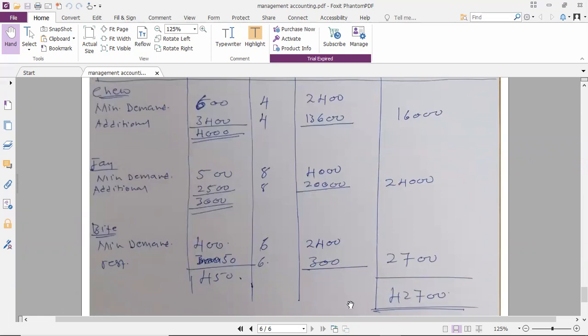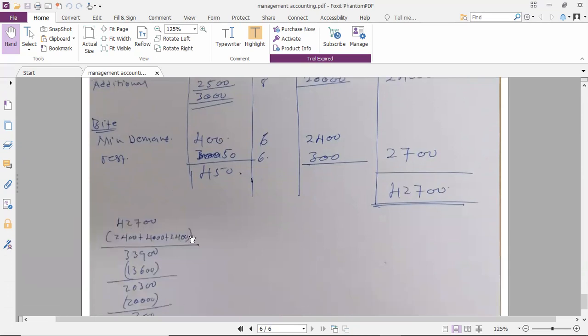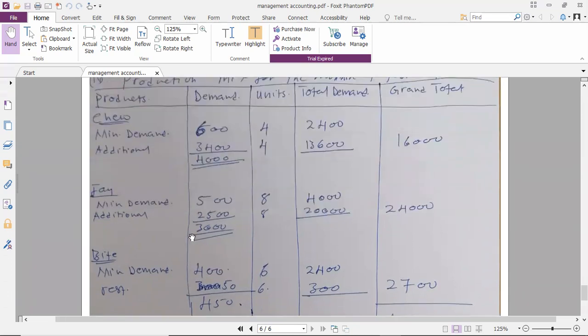Taking into consideration that you have 42,700 tons of marble, when you are starting, you write the minimum demand 600 here, minimum demand 500 here, minimum demand 400 here. So these three must be produced first from the available 42,700 before anything else. Now, the marble per unit for Chew is 4.